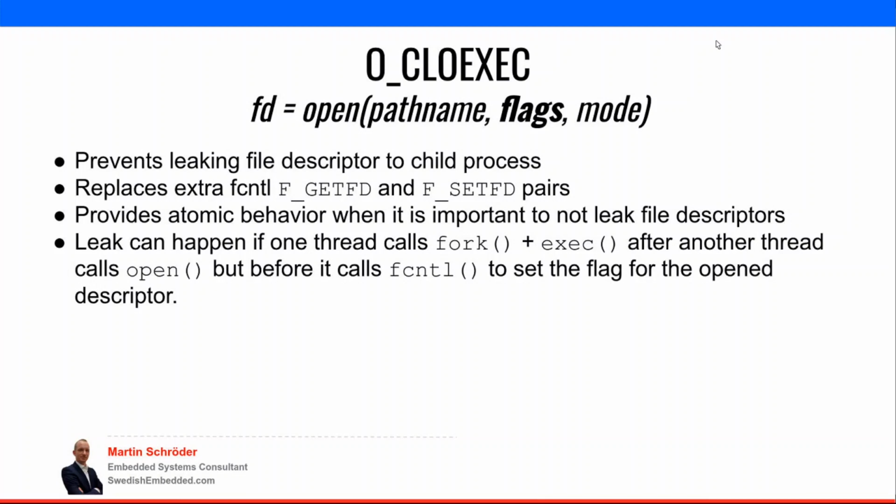If we pass this option to open, then close_exec option is set in open, and that is an atomic operation with respect to executing another process. And so then it's always guaranteed to close that file descriptor if we execute another process.